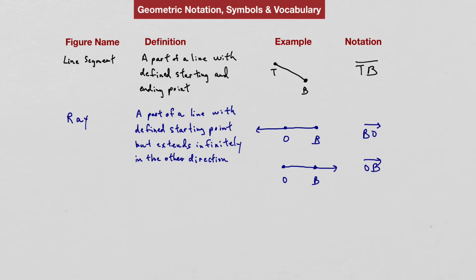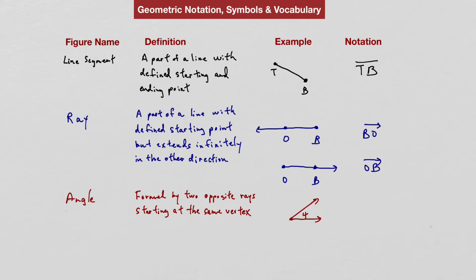The next one is angle, and that is defined by two rays in different directions, starting at the same vertex. Here would be an example. We have this as the vertex.